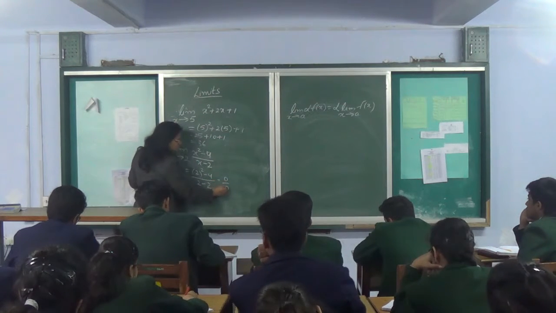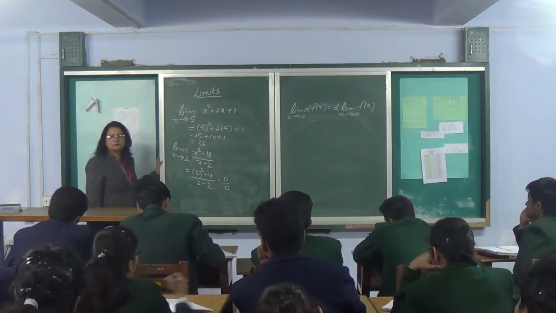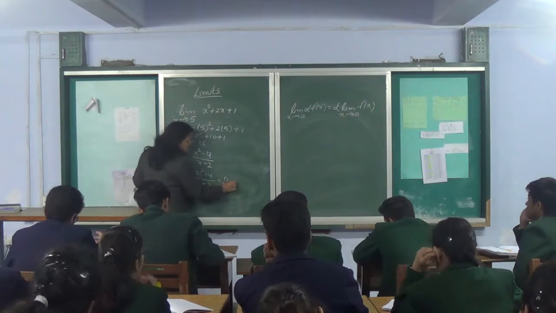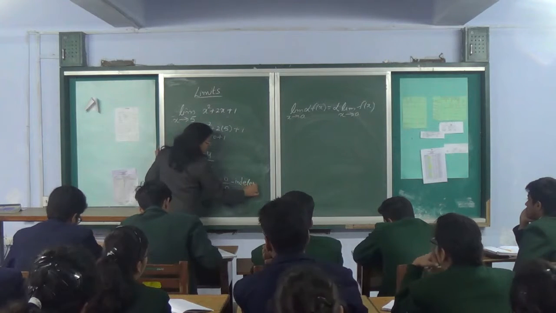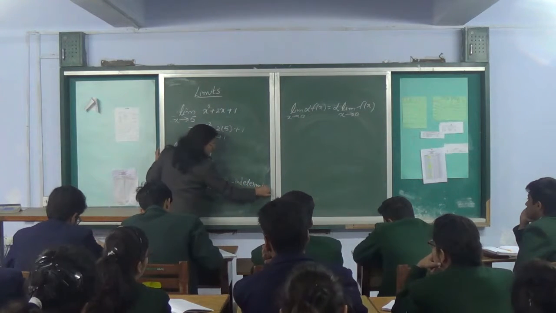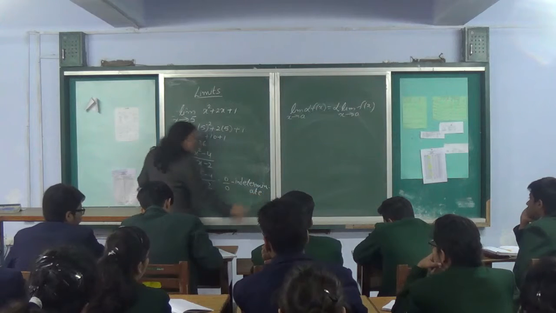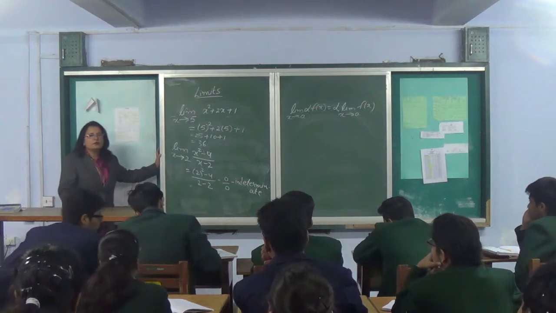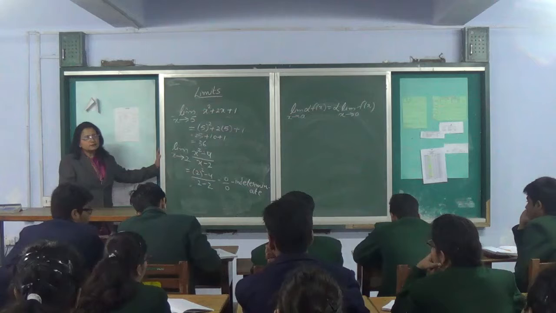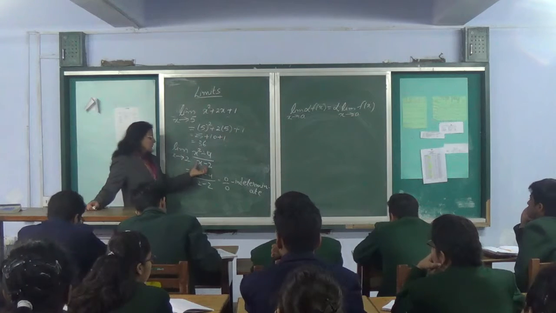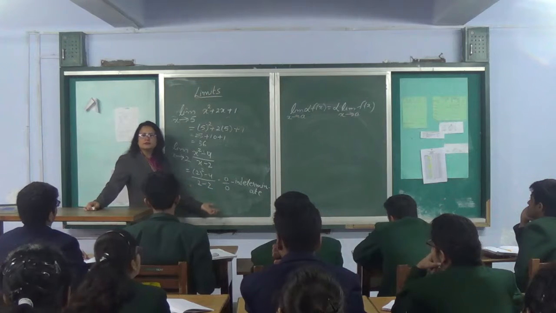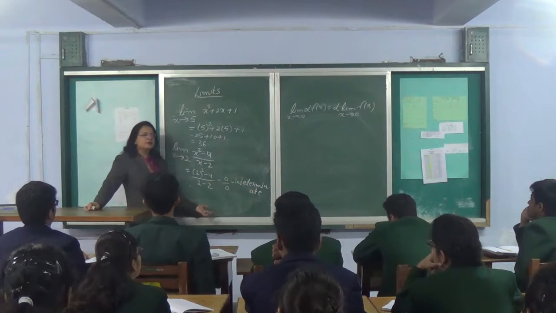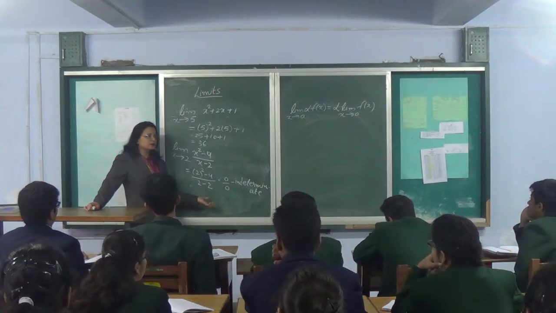We get 0 by 0, which is an indeterminate form. So in such cases, you have to convert the function to the normal form. You can't evaluate the limit directly where it's an indeterminate form. So 0 by 0 is indeterminate form.